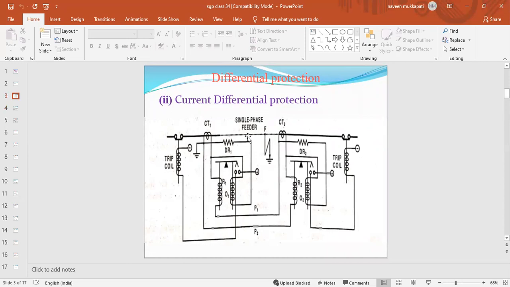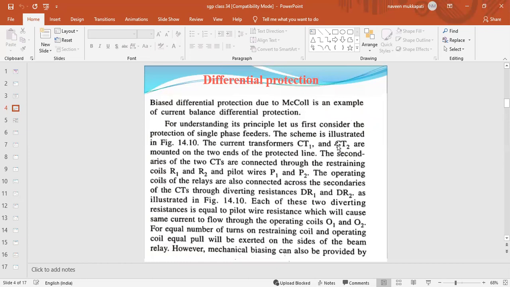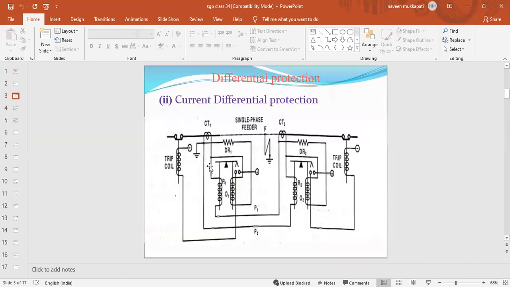At both ends of this feeder line, we are connecting CT1 and also CT2. Both the CTs are taken under balanced conditions. The secondaries of these two CTs are connected through the restraining coils R1, R2 and the pilot wires P1 and P2.